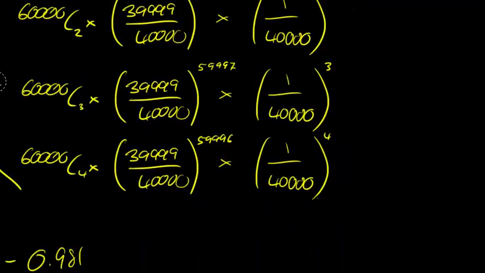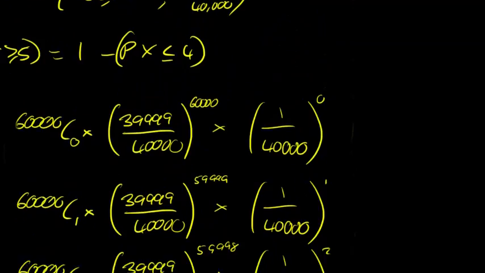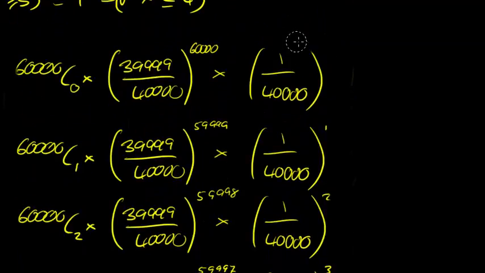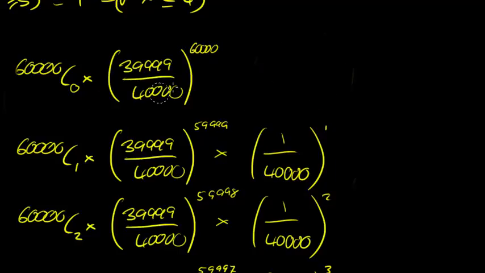Now to do that, what I'm first going to do is have a look at these values. So this to the 0, well that's just 1, so I'll get rid of it. And anything C0 is again just 1, so I'll get rid of that. So I'm left with this value here, which is a fixed value. So I'm going to call that a value of k.